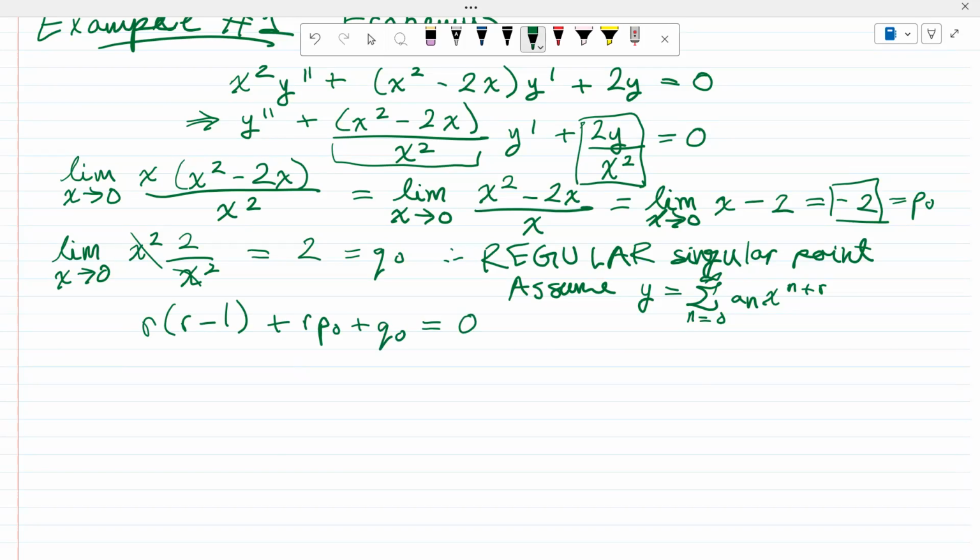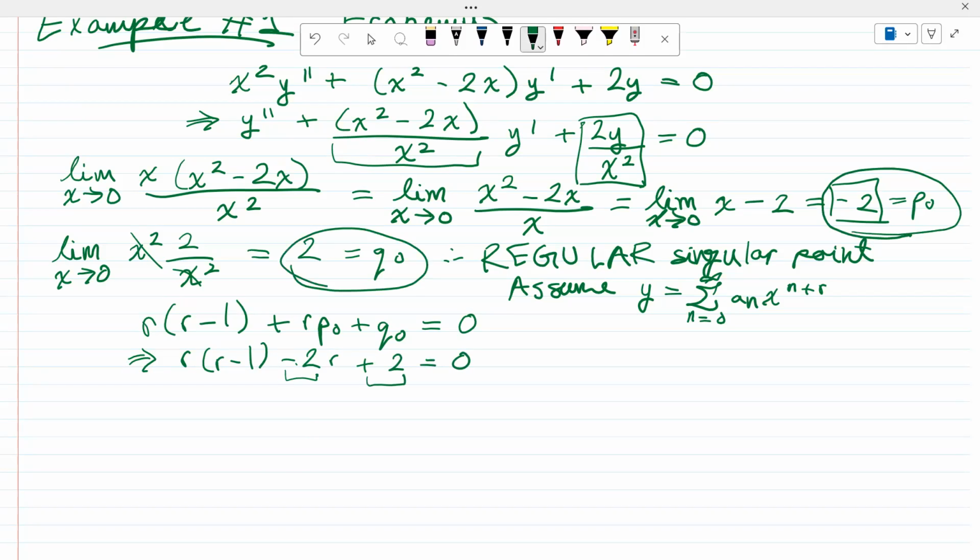So that would imply r times (r minus 1) minus 2r plus 2 is equal to 0. I got this minus 2 from this expression right over here, and I got this plus 2 from this expression right over here. So that implies that r squared minus 3r plus 2 is equal to 0. And then we have that r1 is equal to 2, and r2 is equal to 1.